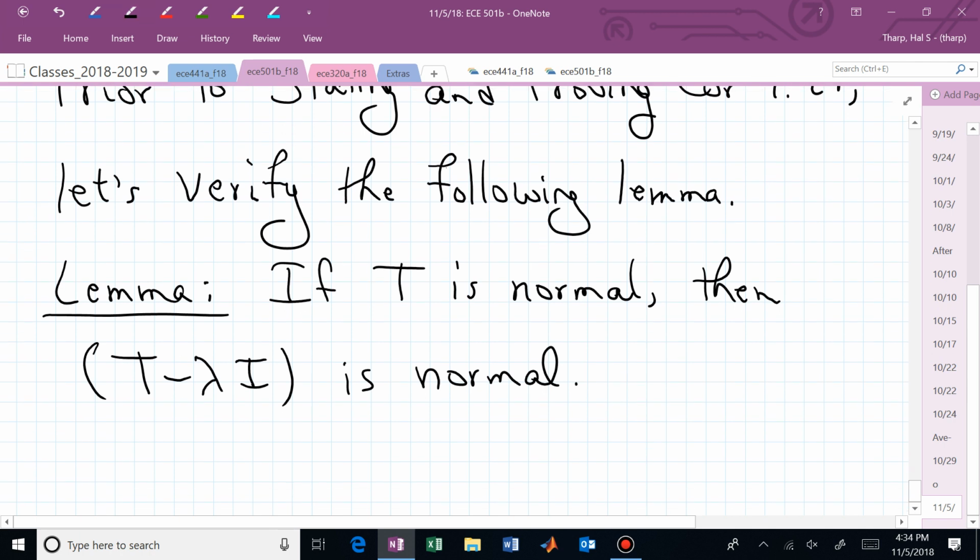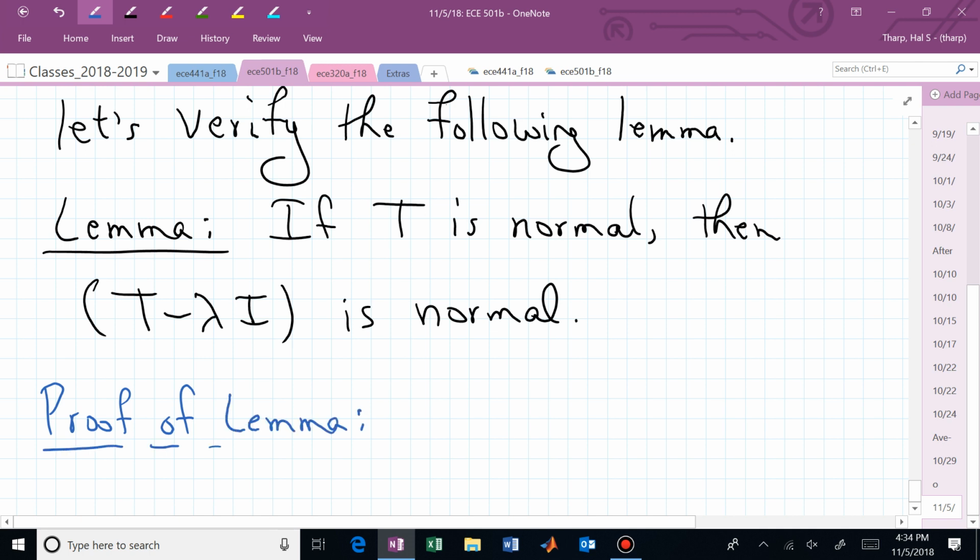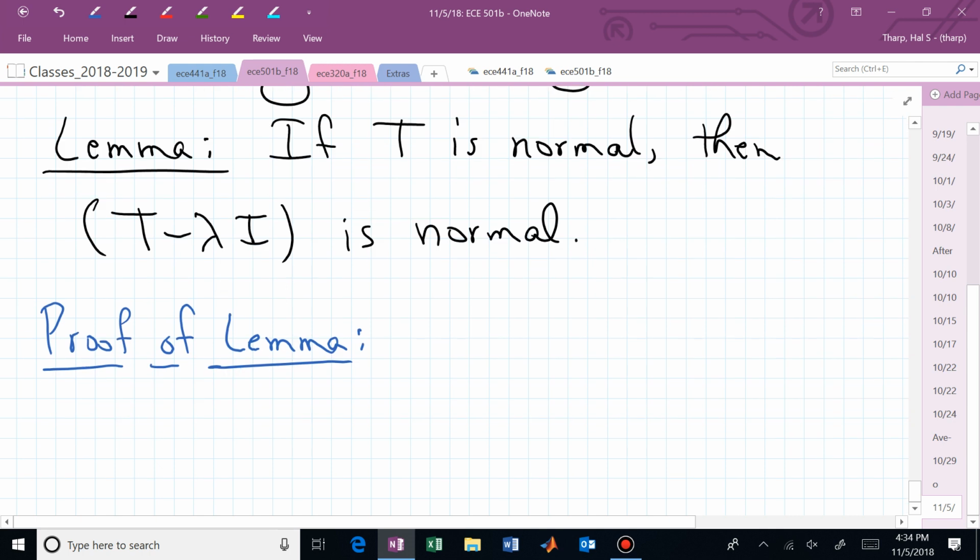So if you have a linear operator that's normal, then T minus lambda I is likewise normal. Let's prove that lemma. So now what we want to do is actually show that T minus lambda I commutes with its adjoint. That will show that it's normal.